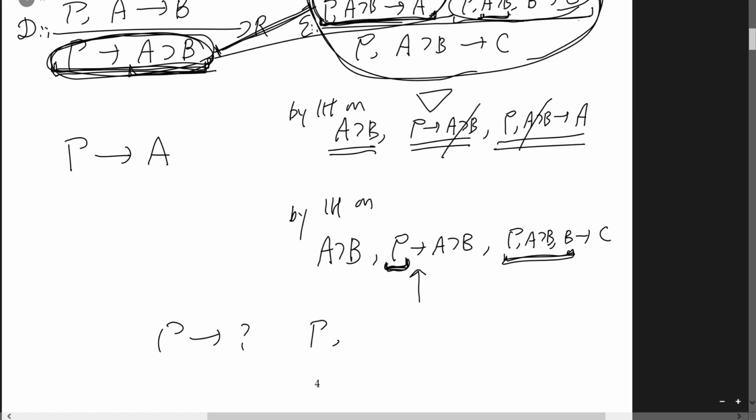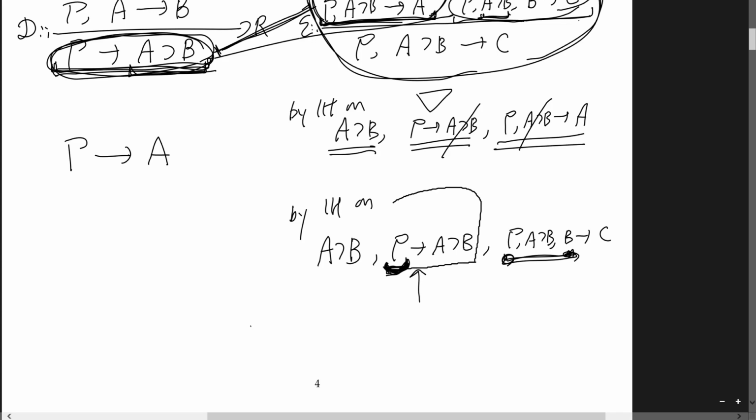Let's say this is the cut formula. Then we have to have something like this one. Then we can eliminate this cut formula and produce gamma arrow C. But this gamma and the gamma, B do not match.